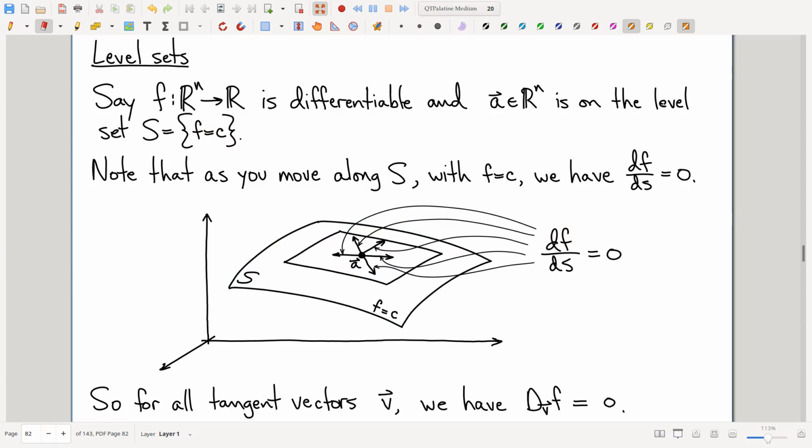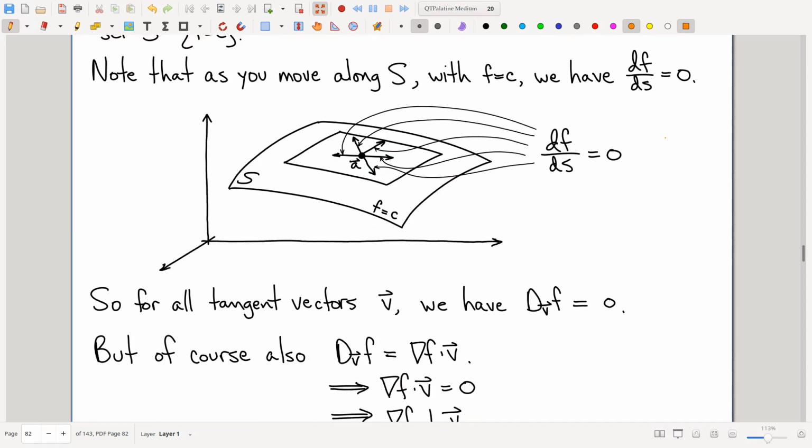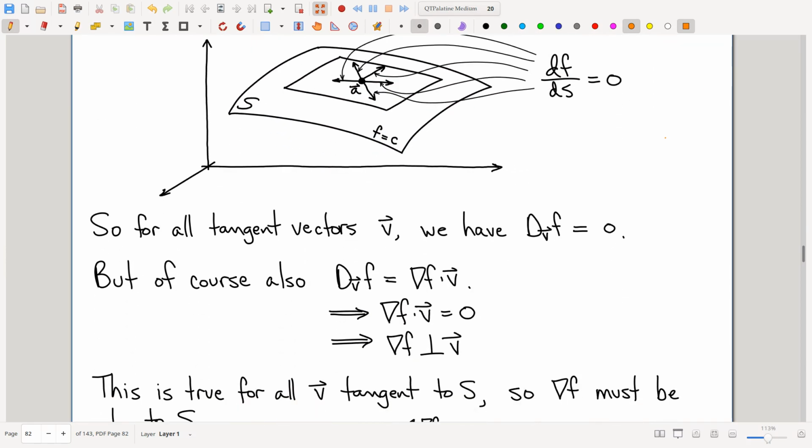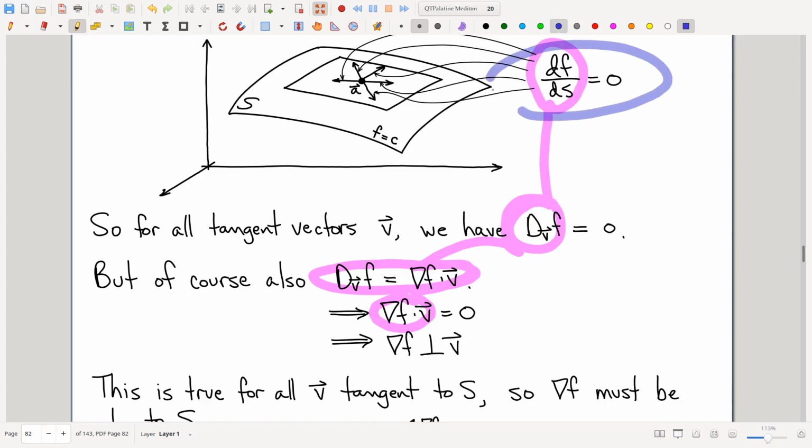All right. So here's the thing now. Of course, that works for any tangent vector, and keeping in mind that df/ds is the directional derivative, and directional derivatives are computed with the dot product with the gradient, if I say that df/ds is 0, another way to say that is this dot product is 0.